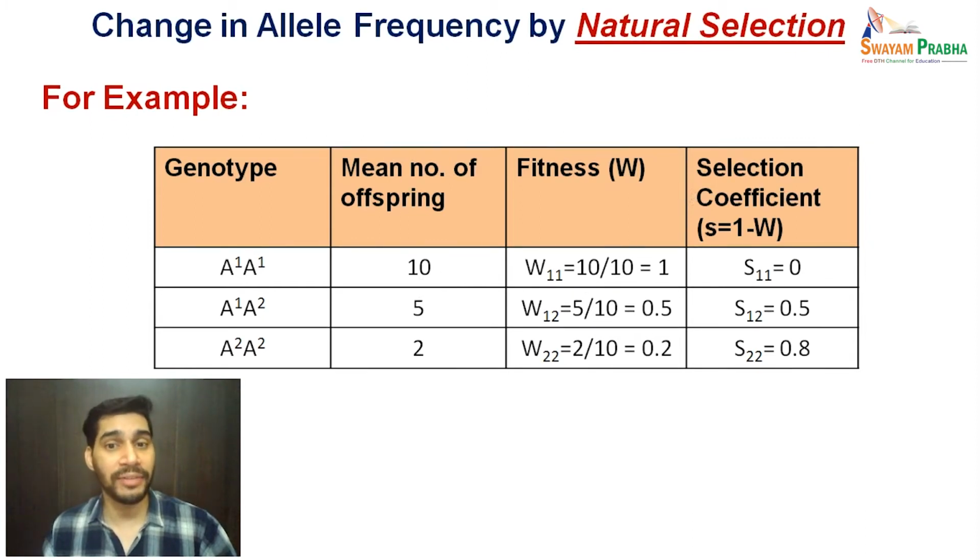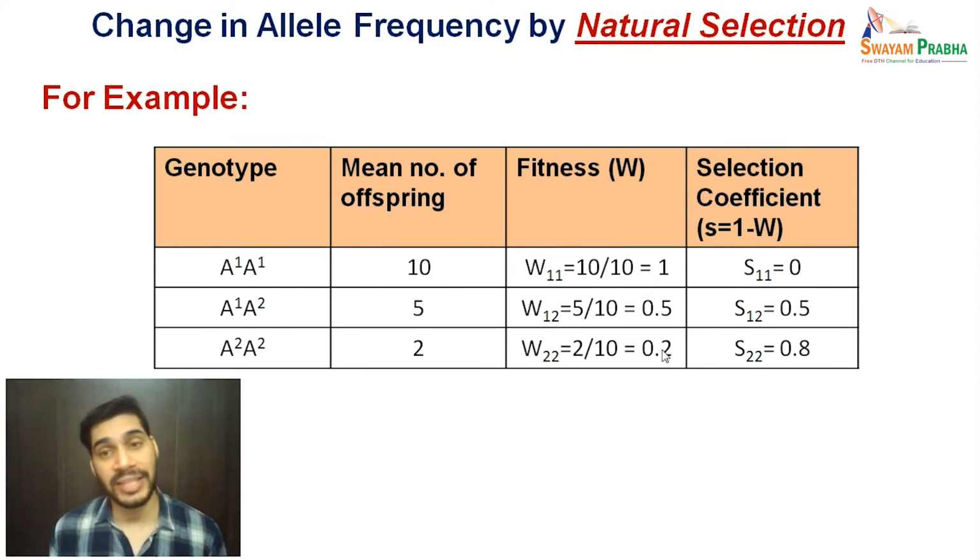So 10 divided by 10, it's 1 for this genotype. For A1A2, it is 5 divided by 10, that is 0.5. For A2A2, it is 2 divided by 10, that is 0.2. So this is the fitness. This is the most fit, this is less fit as compared to this one, and this is the least fit one.